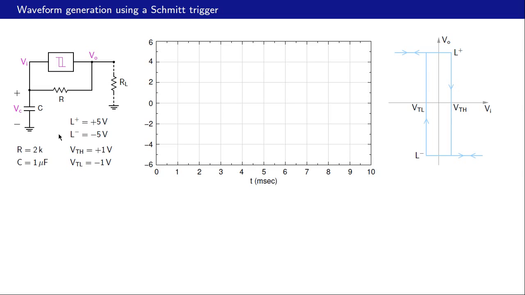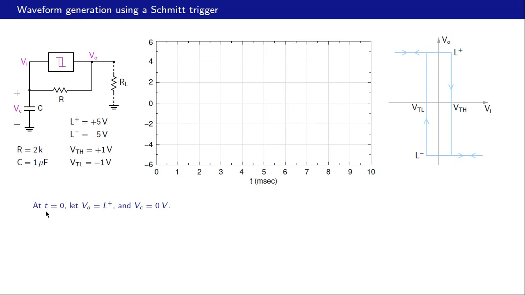Alright, let's take some numbers. R equal to 2K, C equal to 1 microfarad, L plus 5 volts, L minus minus 5 volts, VTH plus 1 volt, VTL minus 1 volt. So this is plus 1 volt here, minus 1 volt, plus 5, minus 5. And as we will discover, this circuit oscillates between high and low, and let us see how that happens.